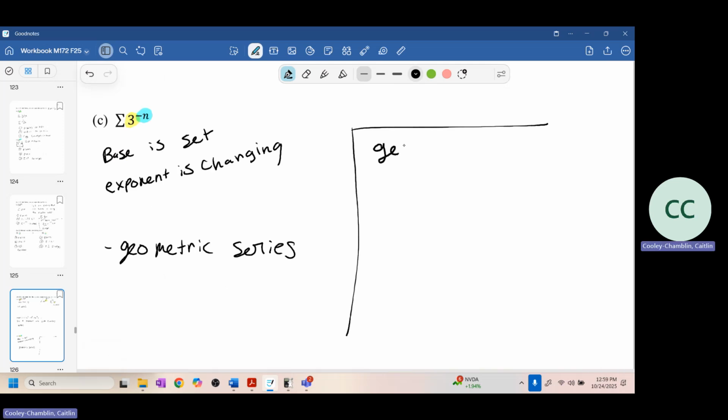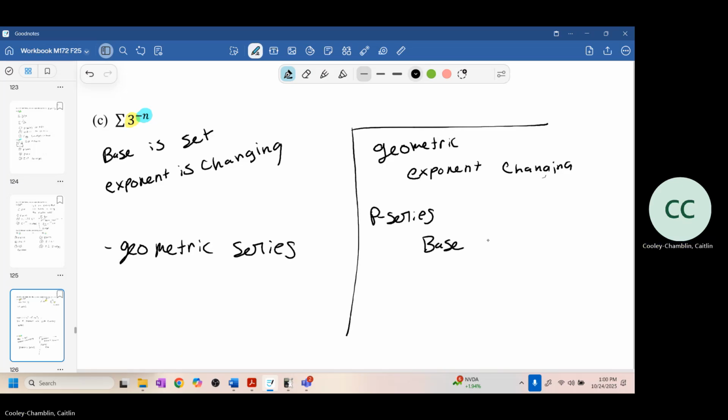So geometric, the exponent is the one that's changing. In a p-series, it is the base that is changing.